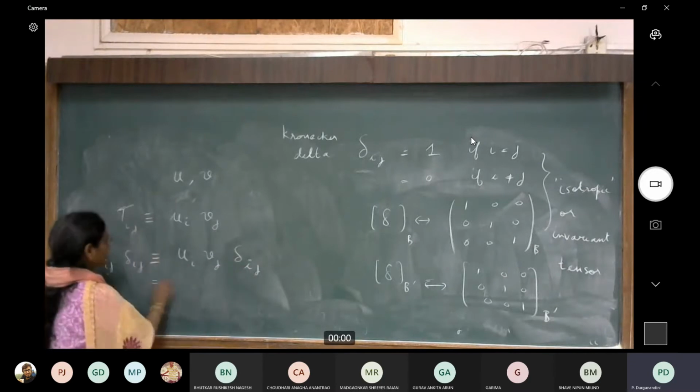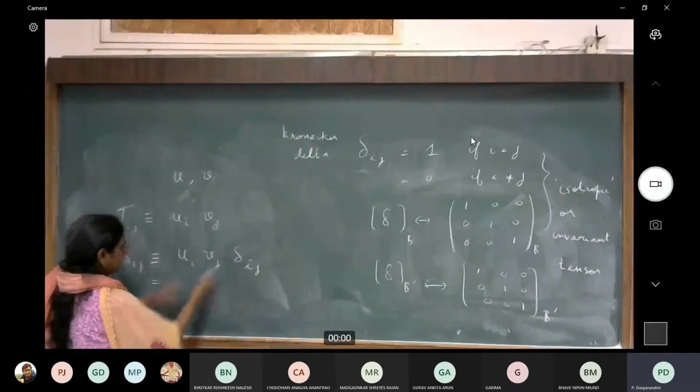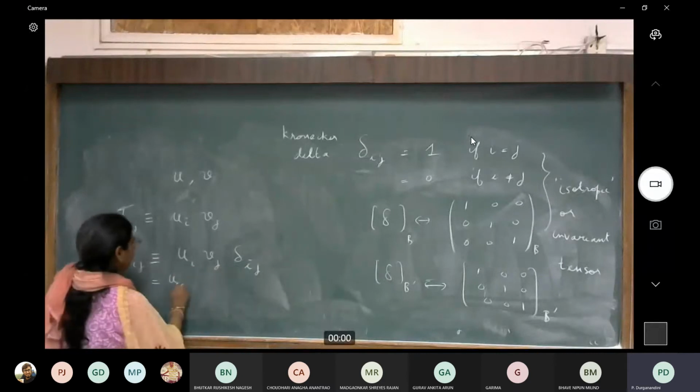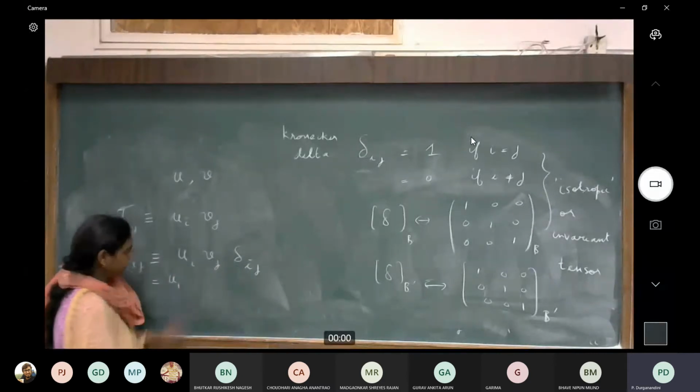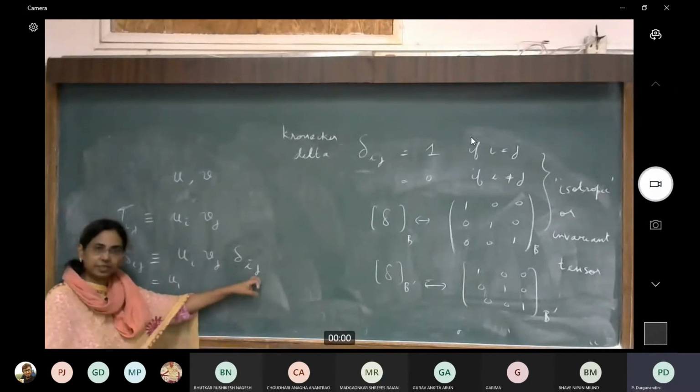Maybe I'll do this for once, but later on you can see this. What is the right hand side A and B? Here both i and j take values 1, 2, 3. Now you can see in this expression I have two summation indices, the i summation index and the j summation index.